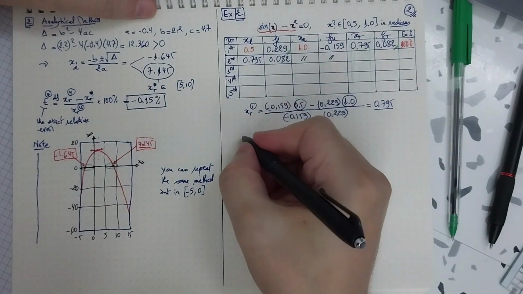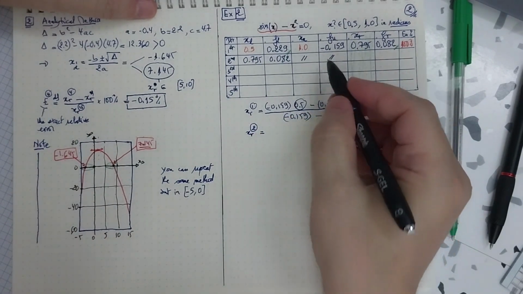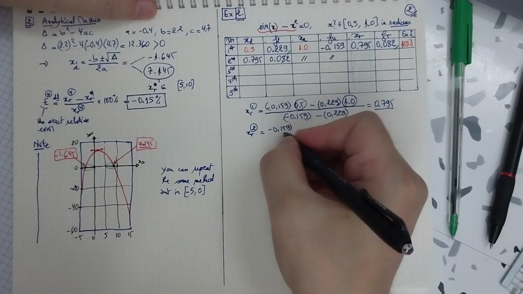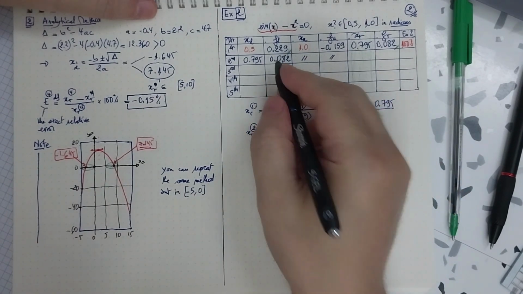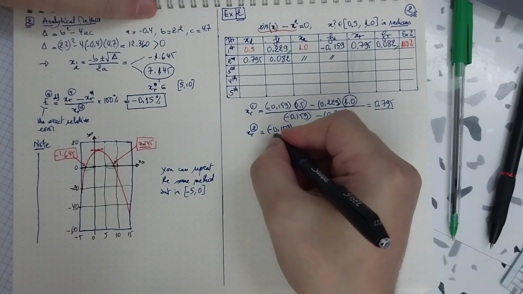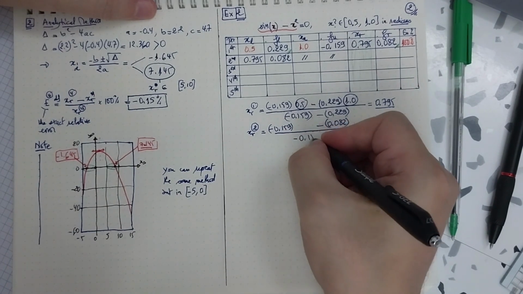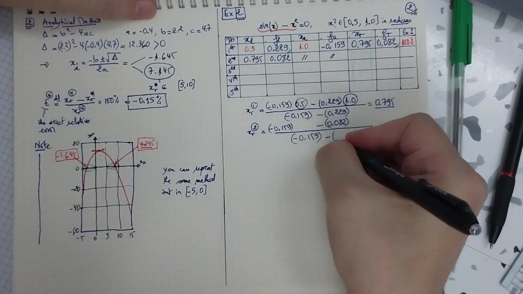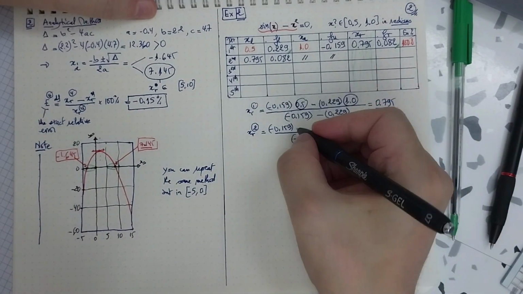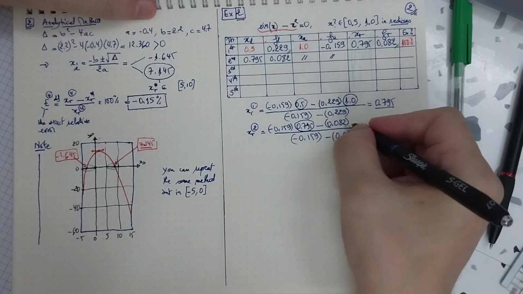And then we apply the rule: FU and FR minus 0.159, the same. And the new one now is 0.082 in the numerator and denominator, minus 0.159 minus 0.082. And then the x's, 0.795 and 1.